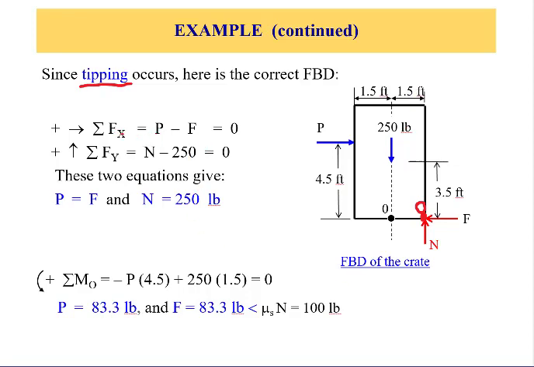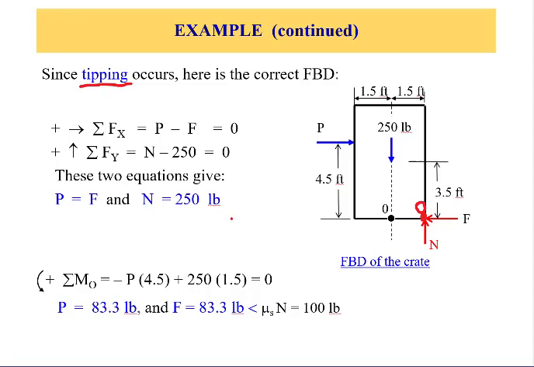So applying the forces in x equal to 0 will lead us to P minus F equal to 0, and the second equation is that summation of forces in y equal to 0, so N minus 250 equal to 0. These together will give us that the value of P equals F and the value of the normal force equals 250 pounds.